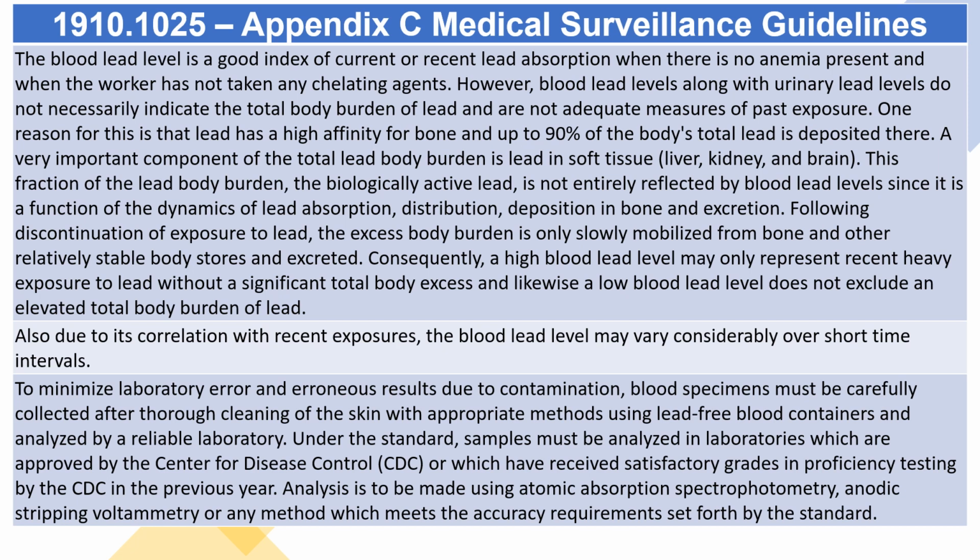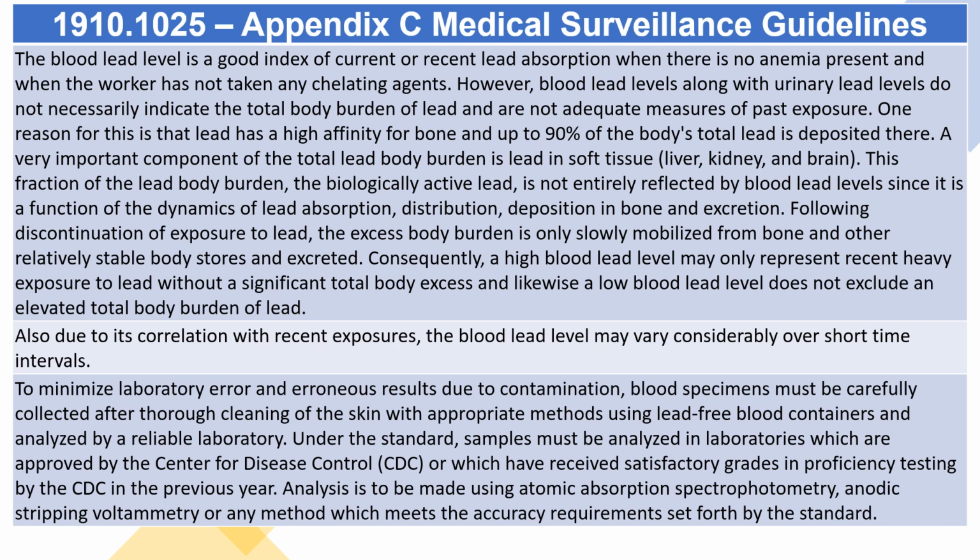Following discontinuation of exposure to lead, the excess body burden is only slowly mobilized from bone and other relatively stable body stores and excreted. Consequently, a high blood lead level may only represent recent heavy exposure to lead without a significant total body excess, and likewise a low blood lead level does not exclude an elevated total body burden of lead. Also, due to its correlation with recent exposures, the blood lead level may vary considerably over short time intervals.